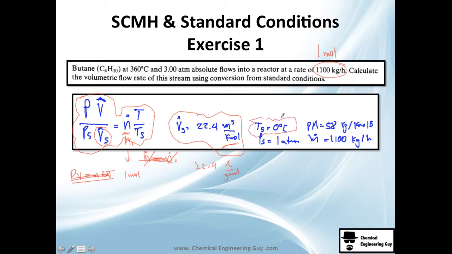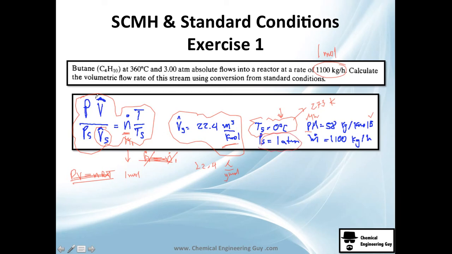It's 0, not 25, sorry guys. So let's use 0, and we could change it later to 273 Kelvin. The molecular weight is 58 kilograms per kilomole of butane. And PS is 1.